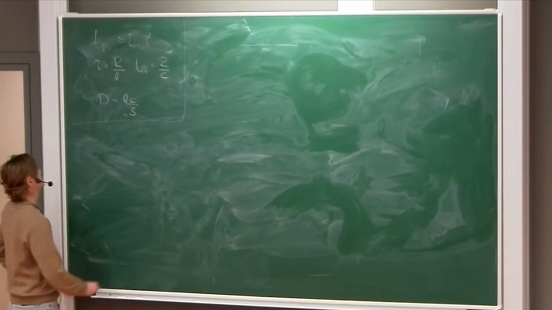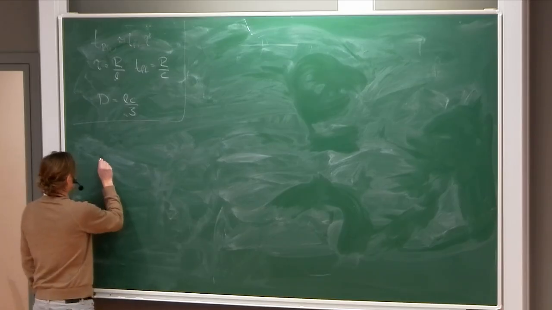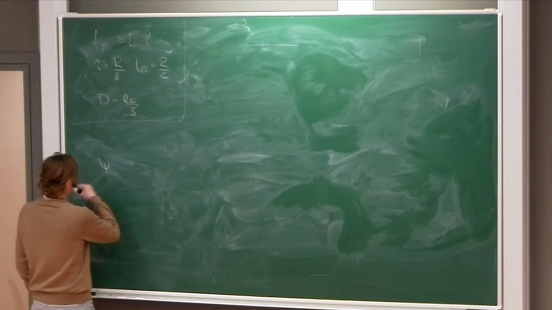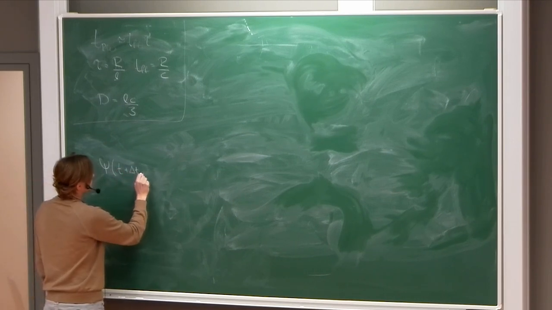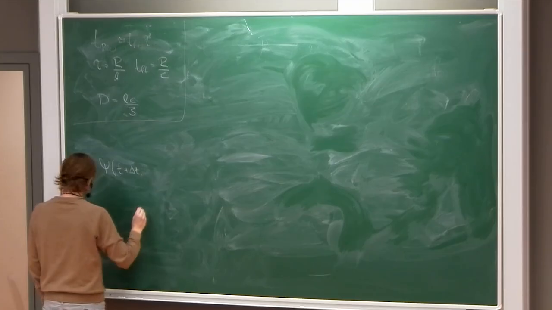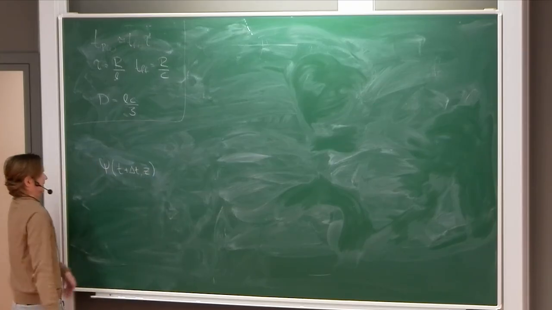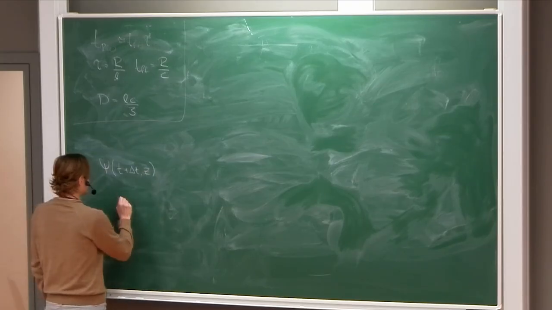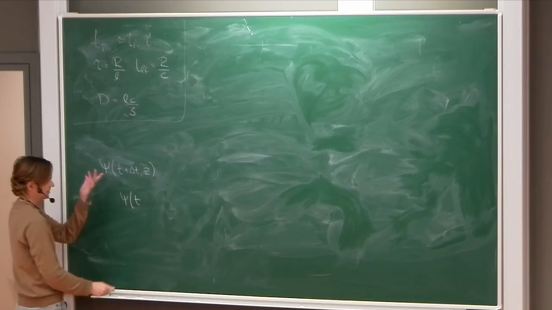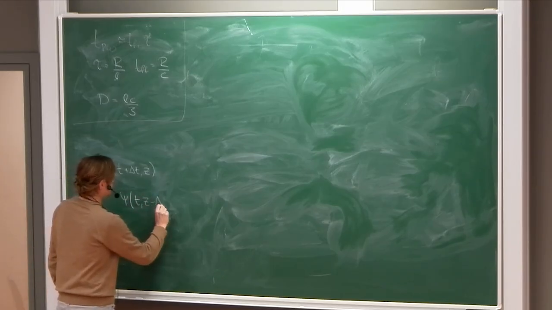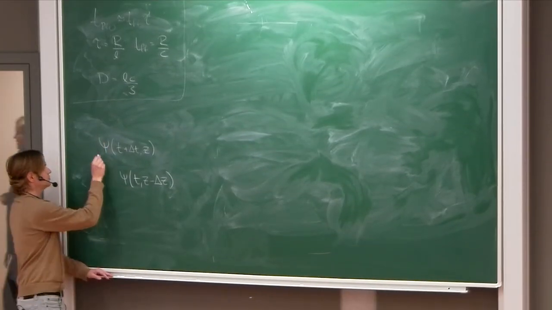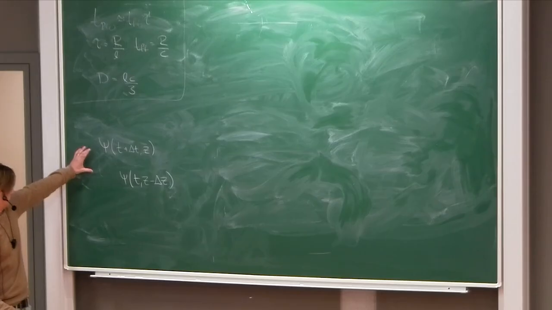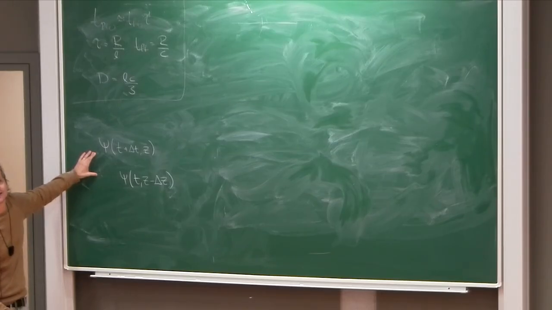Okay, so now we're going to take this to the continuum limit, we can call it. So let's say we have our number density now of photons at some time t plus delta t, and at position z. And this has been released at some earlier time t, and at some position z minus delta z, okay? So again now, we assume that this delta z is small enough that the photon density doesn't change along that time scale.